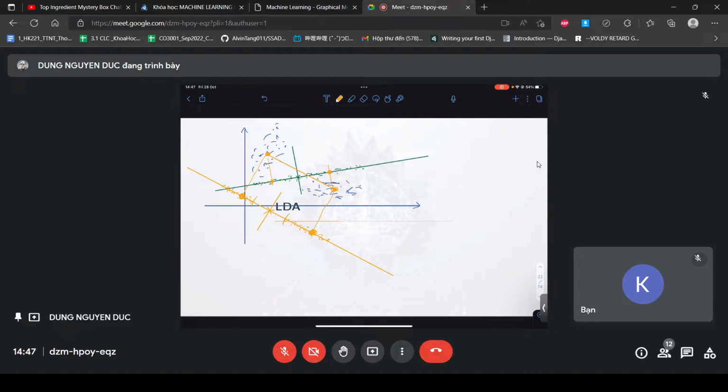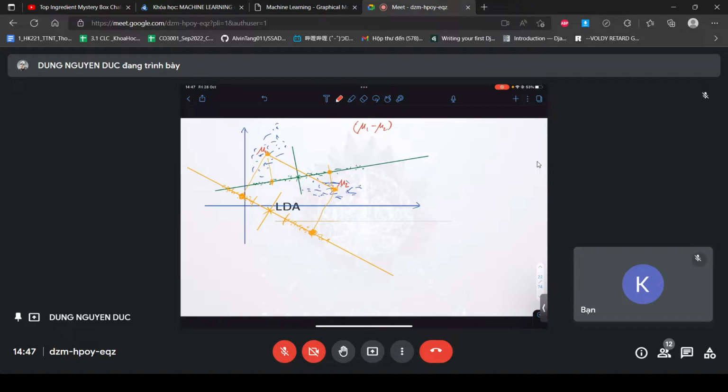So let's say this one is mean one, which is the mean of the first class. This is mean two, which is the mean of the second class. Why don't we just project onto the direction of mean one minus mean two? Why don't we do that?